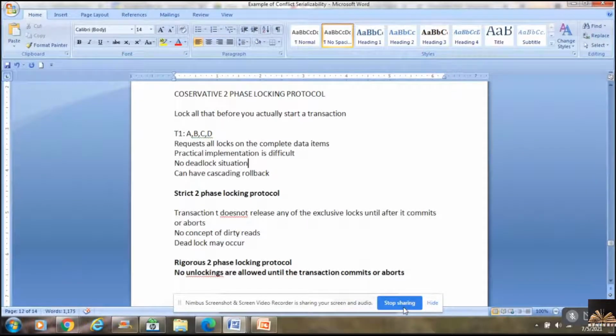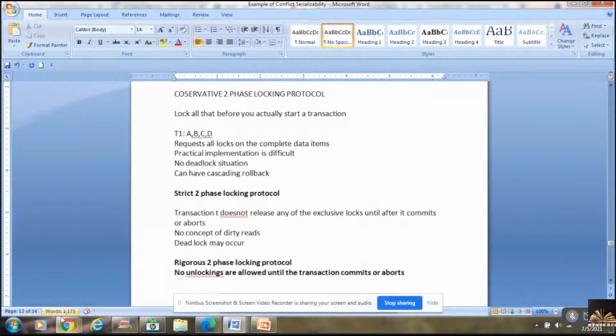So if I'm not releasing the exclusive locks, then no other transaction can work with those particular database items. Hence, it removes the concept of dirty reads, but the other transaction might be waiting for a particular database object. Hence, it leads to the concept of deadlock.